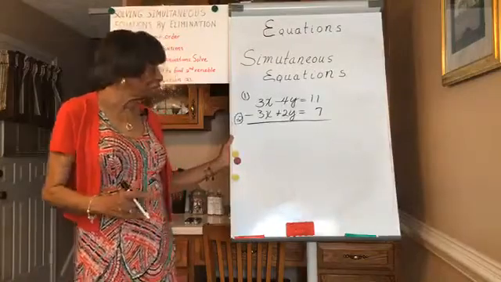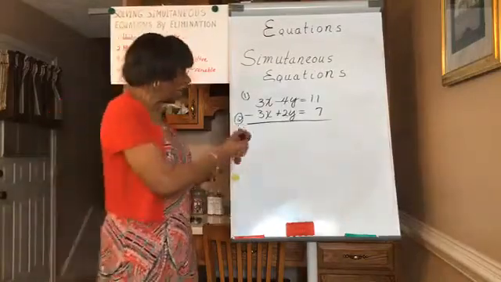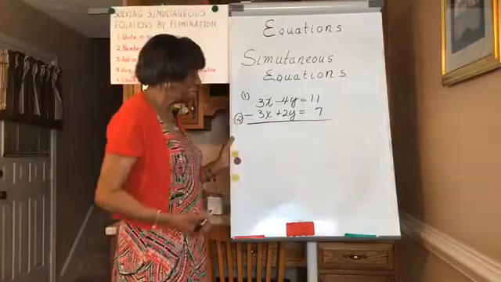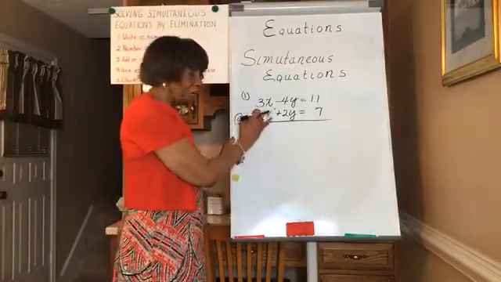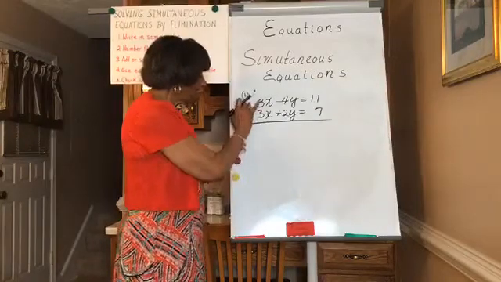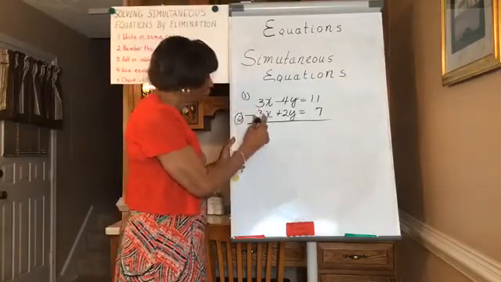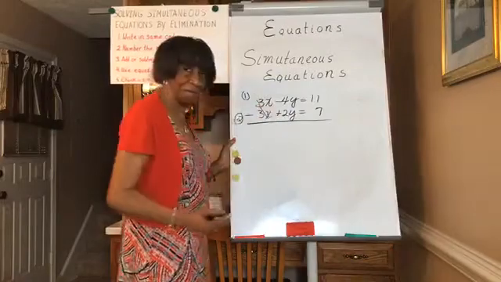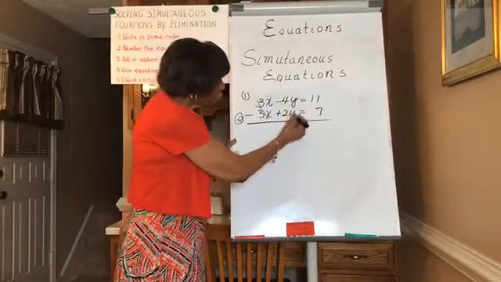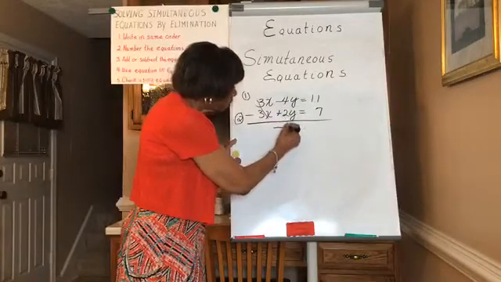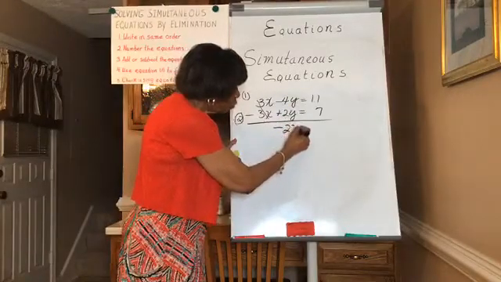Okay, let's get together now. I hope you realize that the x's can be eliminated, because both of them have coefficients of 3, and one is positive and the other is negative. So the x's cancel out. We add negative 4y plus 2y, which is negative 2y.